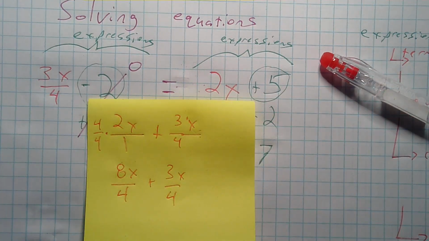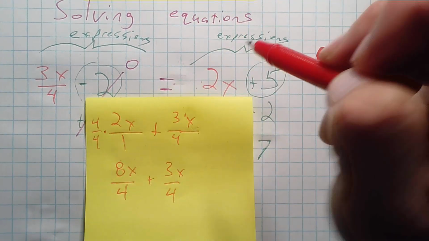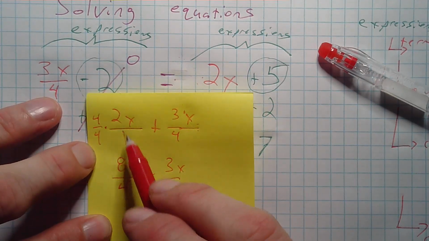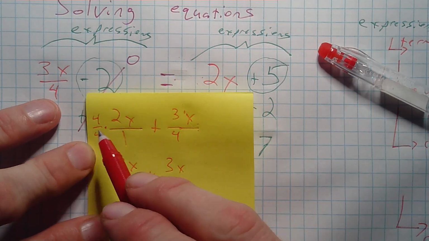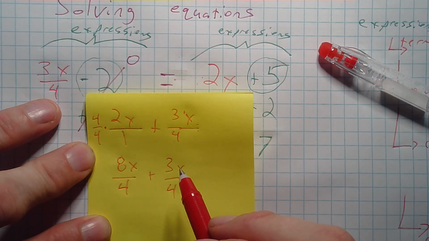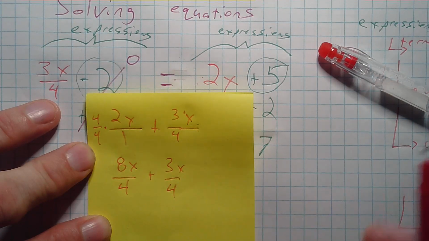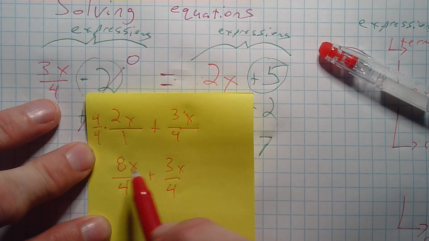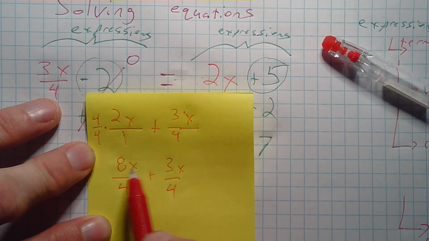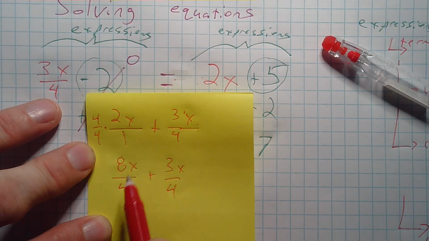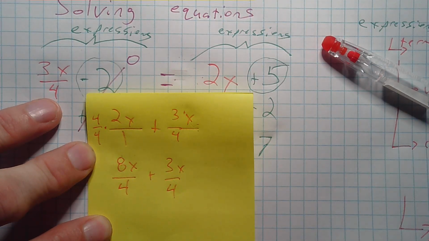Right, so now you can see that 8 divided by 4 is 2, so I didn't change the value of this at all. I multiplied it by 1 in the form of 4 over 4 to make the bottom 4, so that I can add these two together and consolidate my x terms.